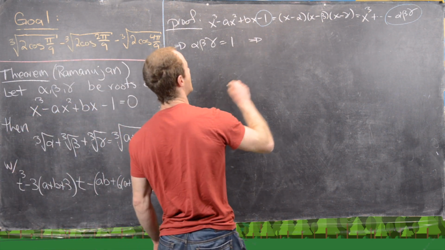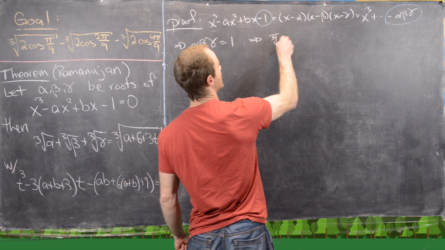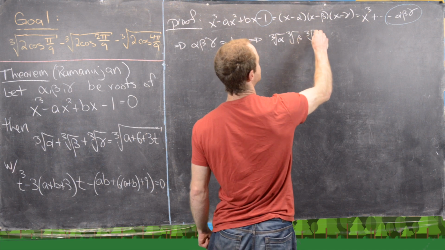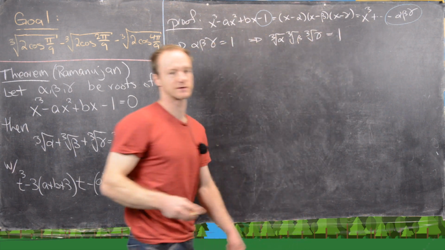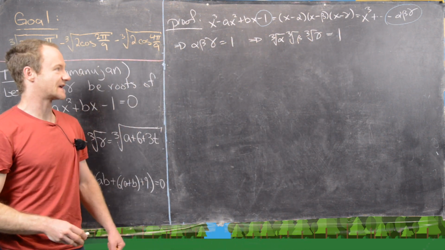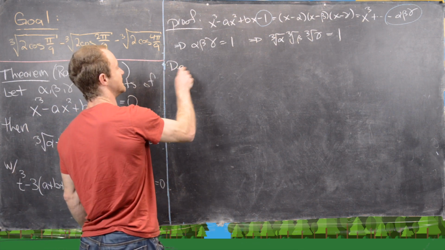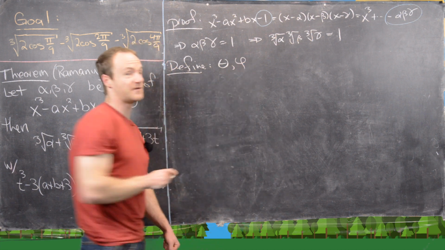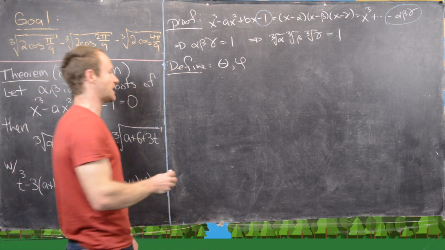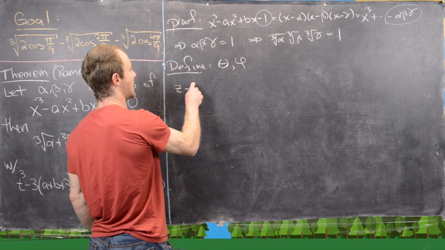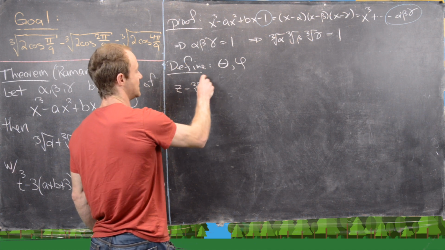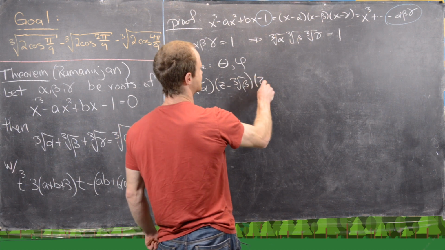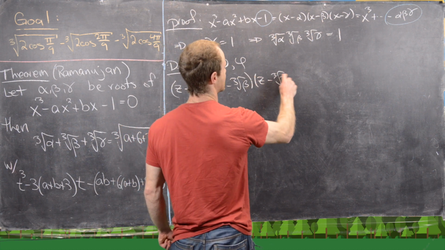And in fact, we can also say that the cube root of alpha beta gamma, which is the same thing as the cube root of alpha times the cube root of beta times the cube root of gamma, also equals 1. Okay, fantastic. So the next thing that we want to do is define two new numbers, theta and phi, by the following expansion. So we'll take z minus the cube root of alpha times z minus the cube root of beta times z minus the cube root of gamma.